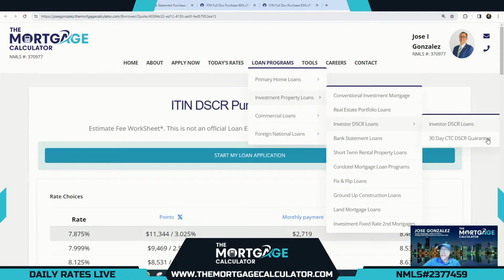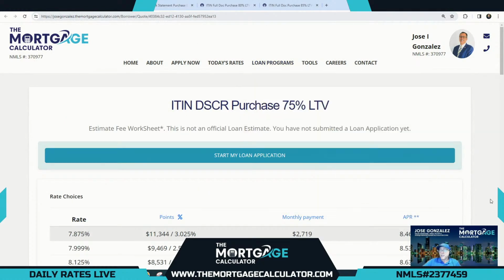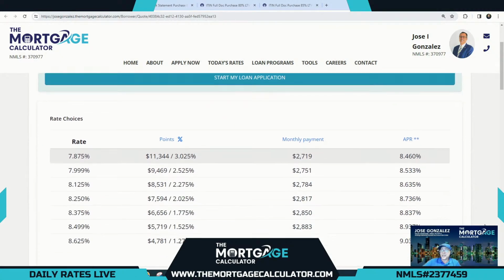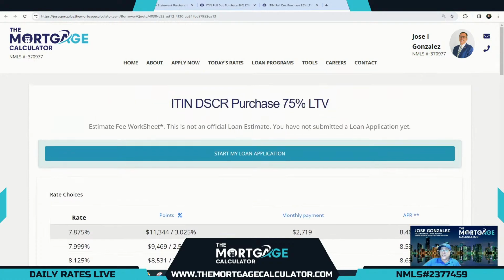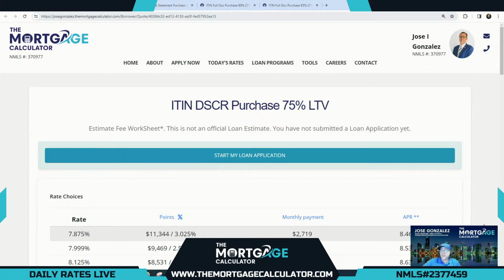And then for my last example here, as we love the DSCR, believe it or not, we do have a DSCR option for ITIN. Pretty exciting stuff. So we are looking at 8.625% as our lowest cost option and 7.875% as our lowest rate option at our maximum loan to value of 75% LTV.